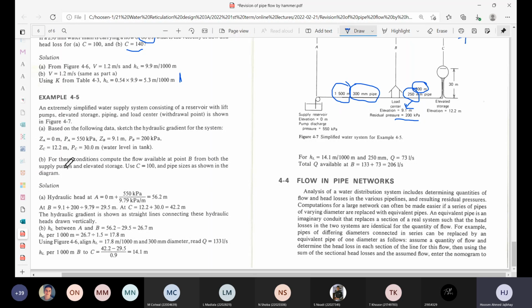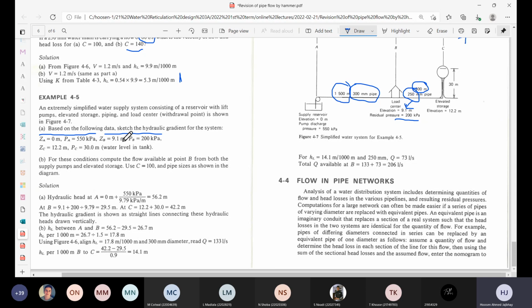And then comes the question: based on the following data, sketch the hydraulic gradient for the system. So now you're given some information. The first part is for point A, and the second part is for point B. You'll notice that the elevation head at point A is 0, so we're taking A as the datum point, and the pressure in the pipeline at point A is 550 kPa.